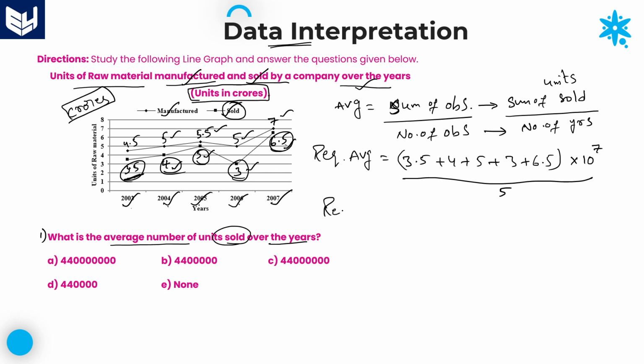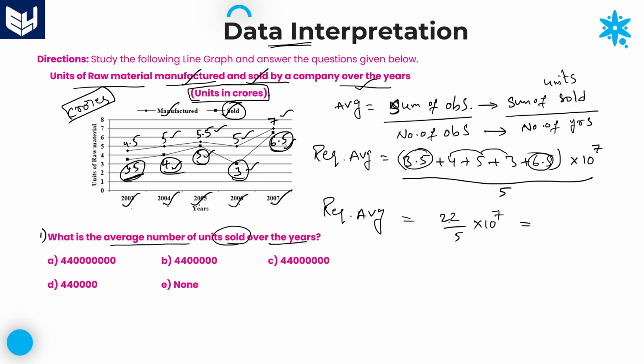Therefore the required average is equal to, add all the values. Here it is 4 plus 5 is 9, 9 plus 3 is 12, 12 plus 3.5 and 6.5, that is 10, 10 plus 12 is 22. 22 divided by 5 into 10 to the power of 7.